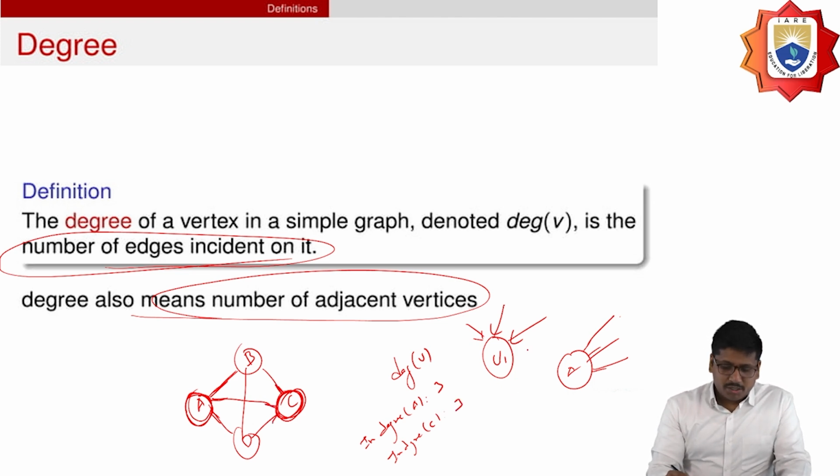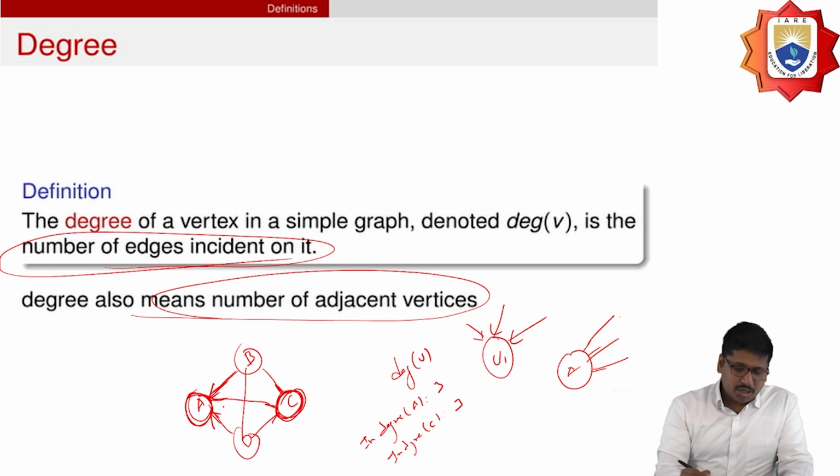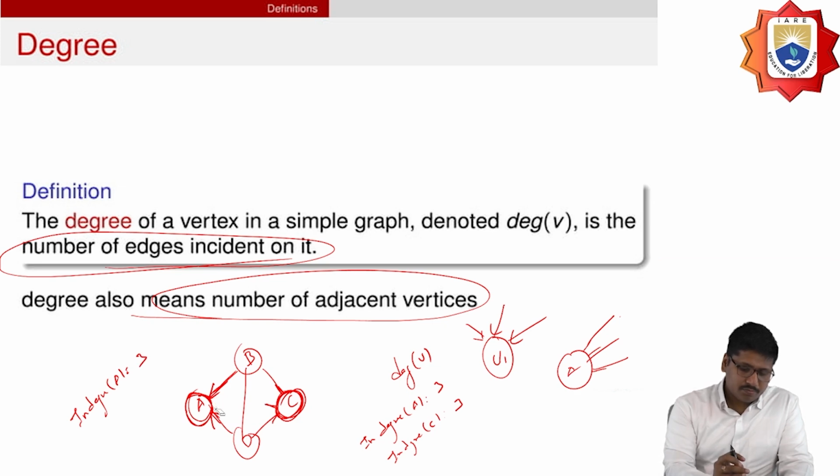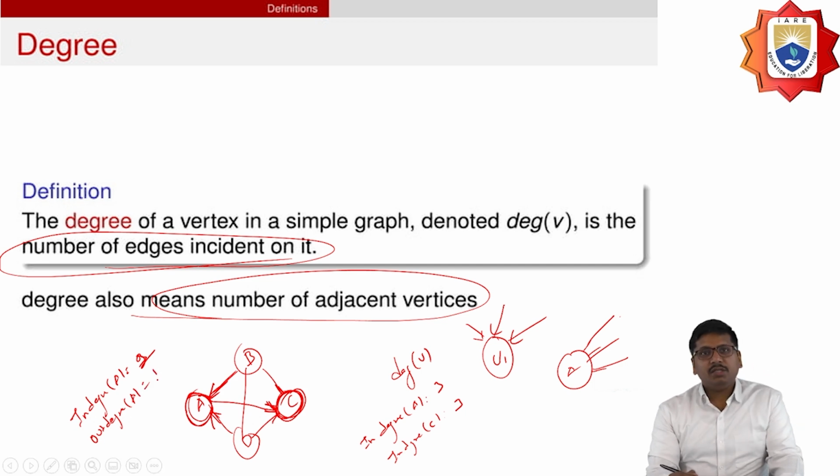In a similar fashion, if I have directed edges like this, the in degree in this case should be 2 only. And similarly, the number of edges that are leaving from vertex A should be treated as the out degree, which should be 1.